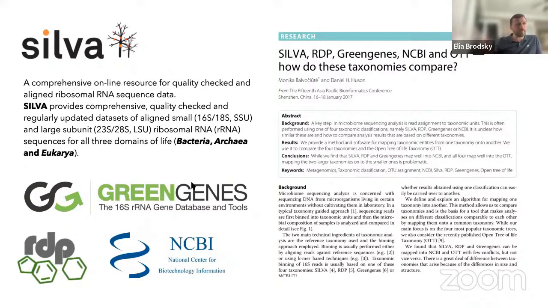Now, there have been publications that have compared how these databases annotate the different taxa using the 16S ribosomal RNA gene sequence. And it comes out that two major things are important.